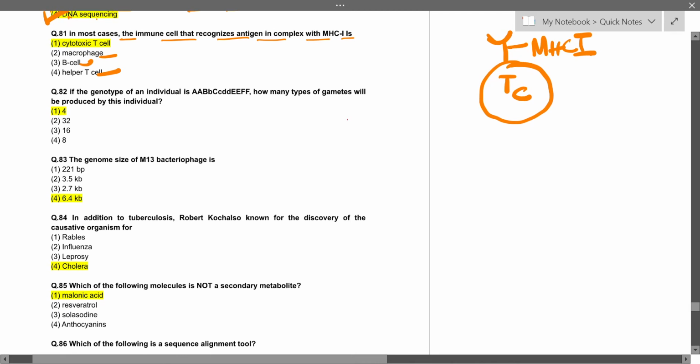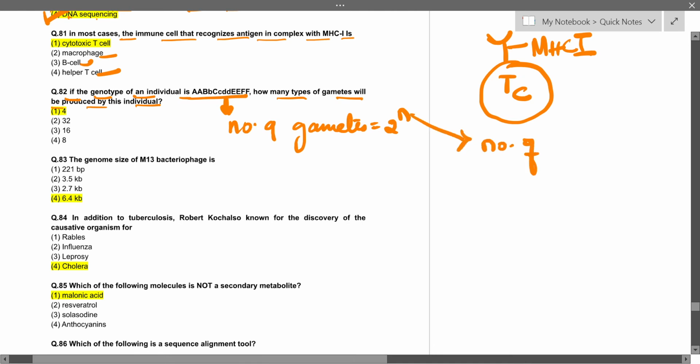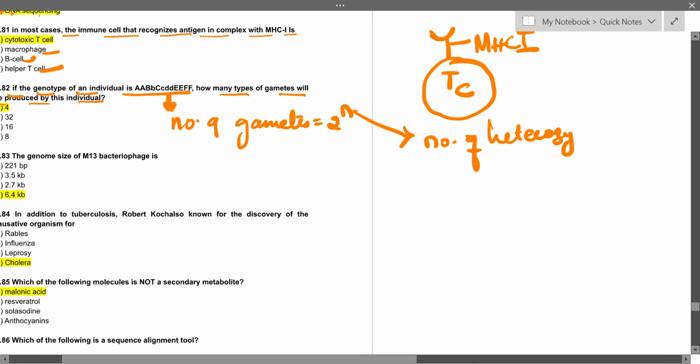Next, if the genotype of an individual is this, how many types of gametes are produced by this individual? Okay, friends. So we have to remember one thing. The formula for calculating the number of gametes is equal to 2 to the power n, where n is the number of heterozygous conditions.